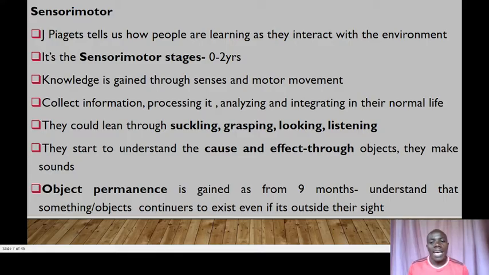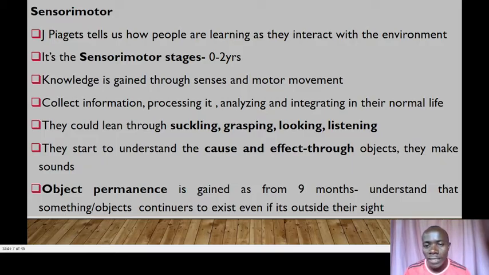At this stage, another important thing is that infants start to understand cause and effect, where they can throw objects on the floor and they make sounds. They will be amazed by this experience, and they are so excited about it.